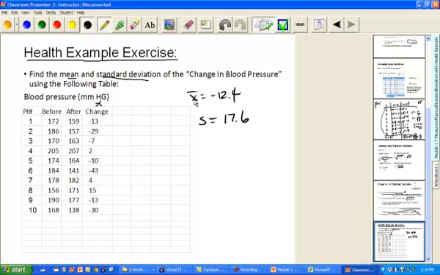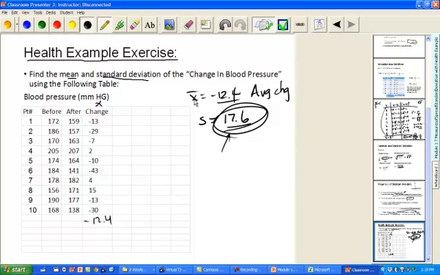So the average change in blood pressure was 12.4 millimeters of mercury less than before. That's what the negative means. And the standard deviation is from the mean, which was negative 12.4. The variation in difference of blood pressure is high.